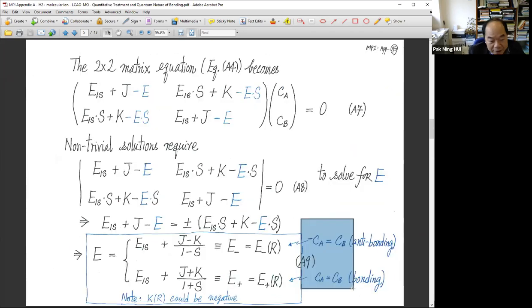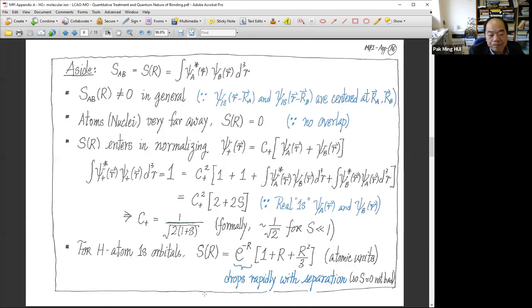So at this point, I would like to briefly discuss this overlap integral S here. It's a function of R. So formally, this overlap is 1s from the left, 1s from the right, you integrate over everywhere, okay? So it depends on whether they have a region where both functions are not zero.